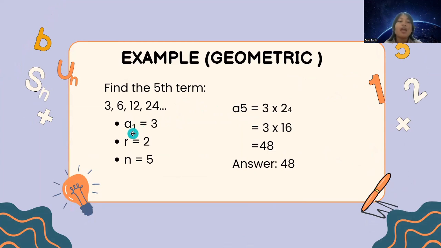Step: a1 equals 3, r equals 2, and n equals 5. Substitution into the formula: U5 equals 3 multiplied by 2 to the power of 4, equals 3 multiplied by 16, equals 48. The answer for the geometric example is 48.